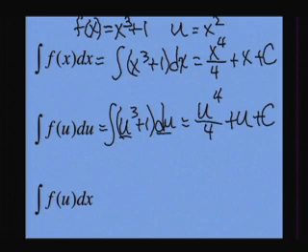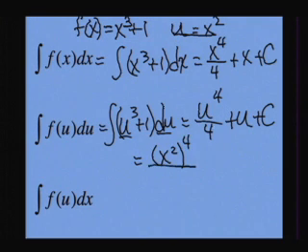However, we were told to find the antiderivative in terms of x. So we must make the substitution u is equal to x squared. So this would be x squared raised to the 4th over 4 plus x squared plus c.